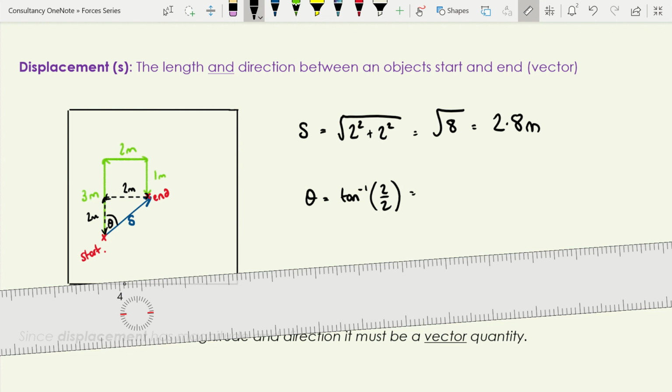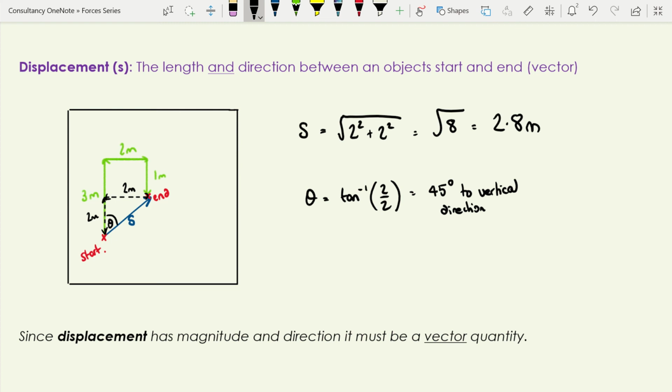So 2 divided by 2, the inverse tan of that, is going to be 45 degrees. So it's 45 degrees to, let's say, the vertical direction. And you can see that we could also say 45 degrees to the horizontal direction as well, because that would be the same thing. So our displacement is 2.8 meters at 45 degrees to the vertical direction. We've got magnitude and direction.